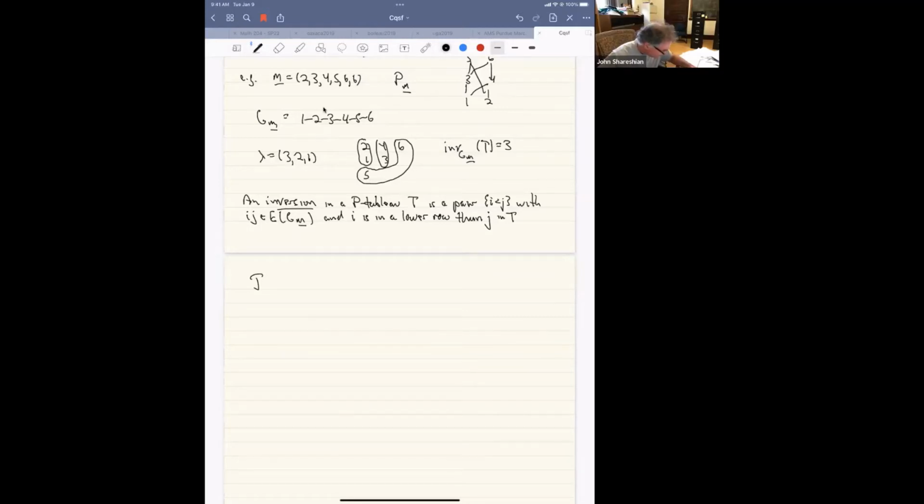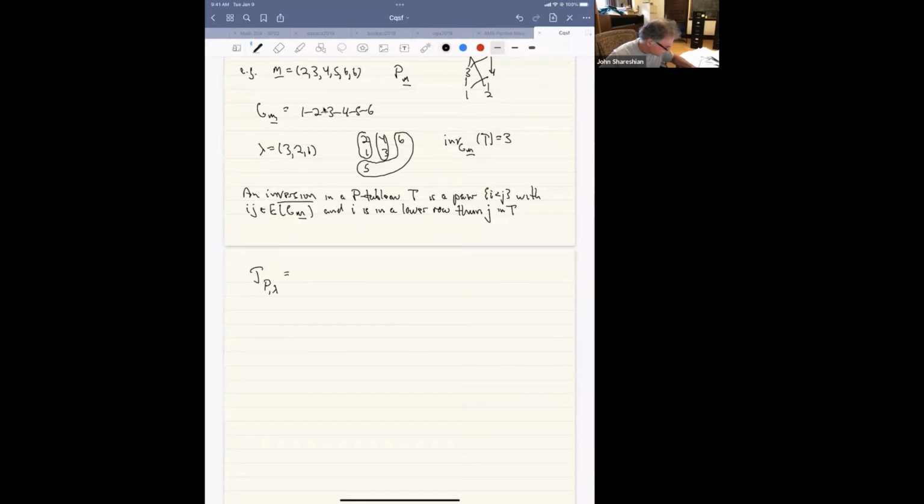Great. Okay, so I just need some more notation. I don't like so much notation, but I guess we need it. Let this denote the number of p-tableau, or the set of all p-tableau, of shape lambda.